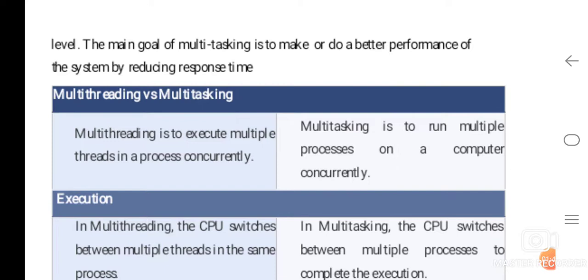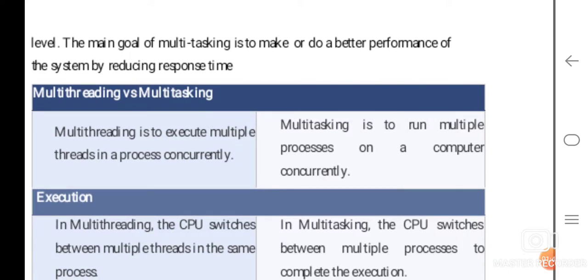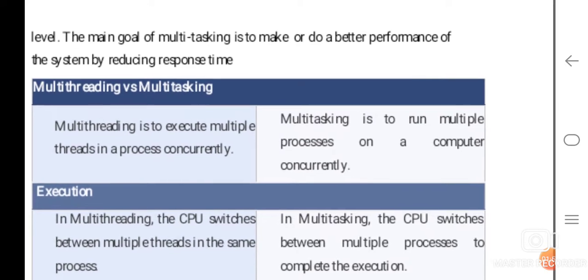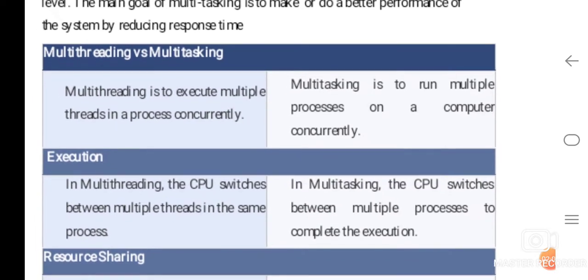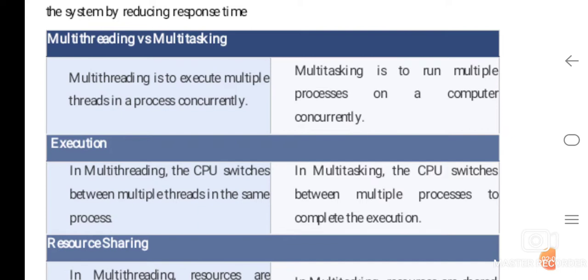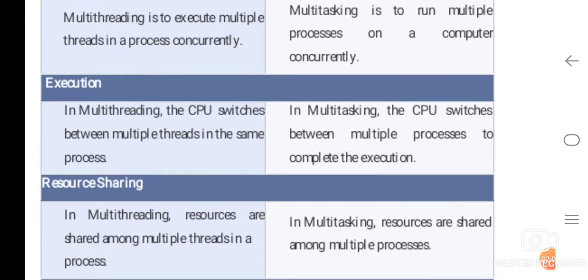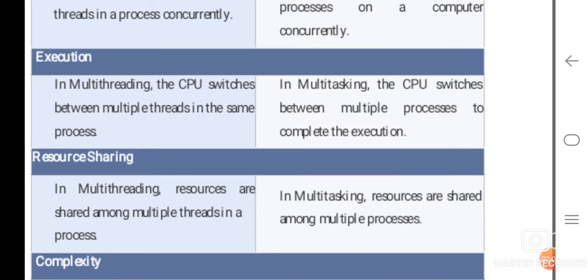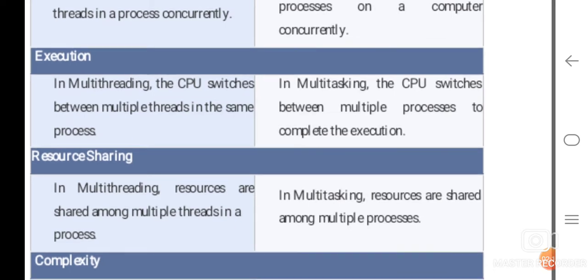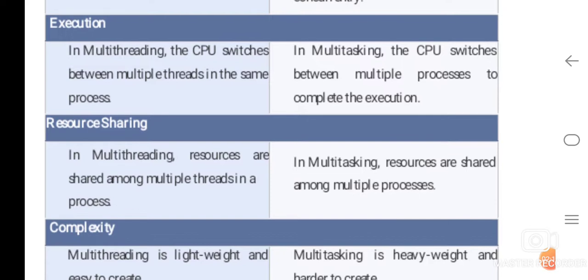Multi-threading versus multitasking. Multi-threading is to execute multiple threads in a process concurrently. Multitasking is to run multiple processes on a computer concurrently. In execution, in multi-threading the CPU switches between multiple threads in the same process. In multitasking, the CPU switches between multiple processes to complete the execution.